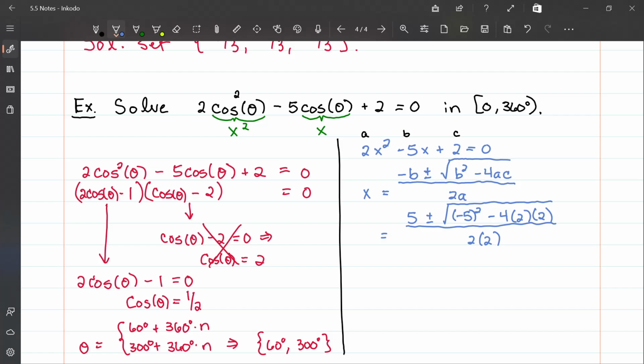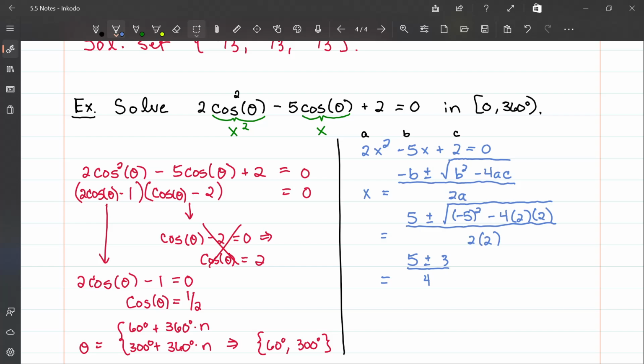From this point onward, for just a little bit, I assume that you guys can do the simplification. It really is just a little bit of arithmetic, so I'm going to rewrite it as follows, and I'll let you check my work. We should be getting 5 plus or minus 3 divided by 4.